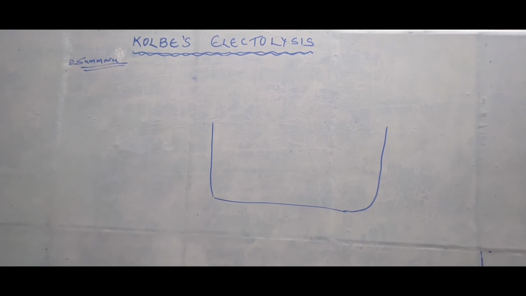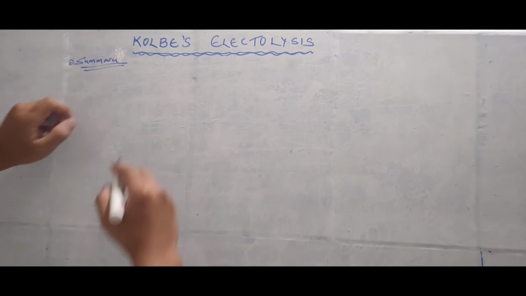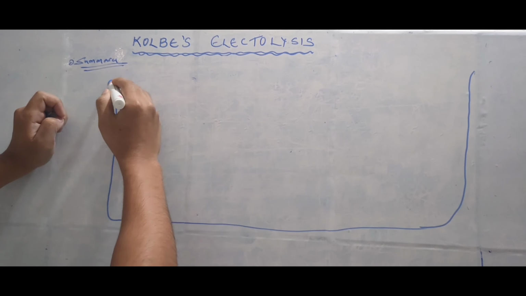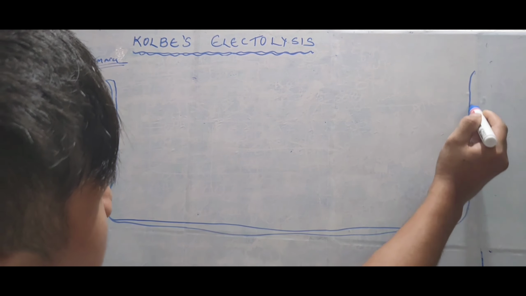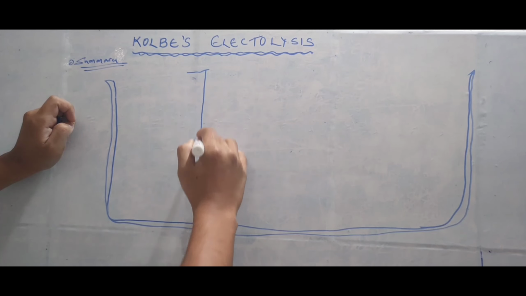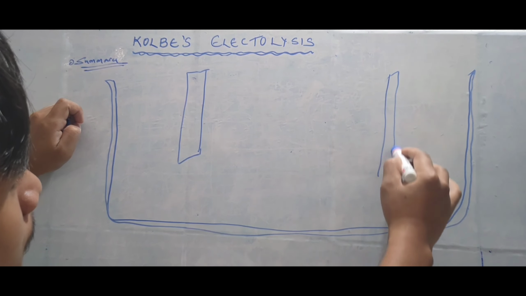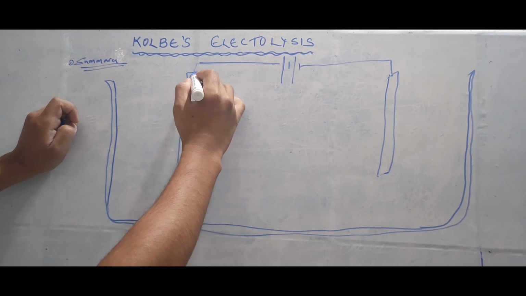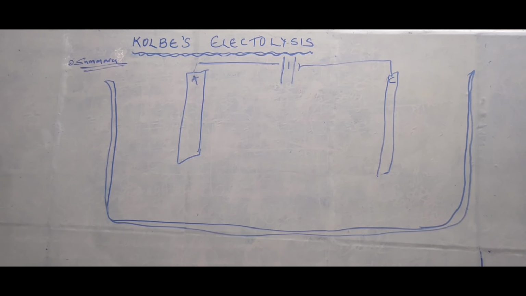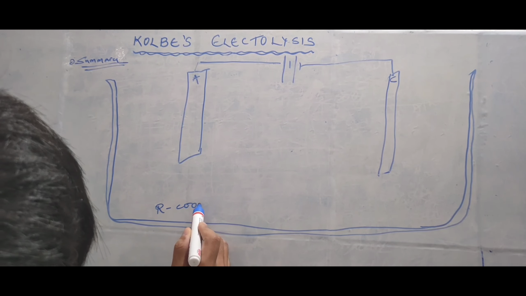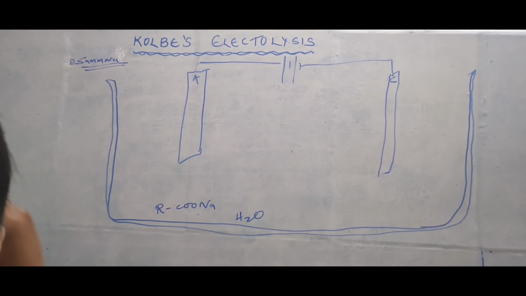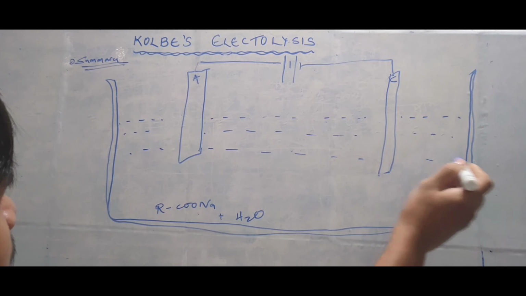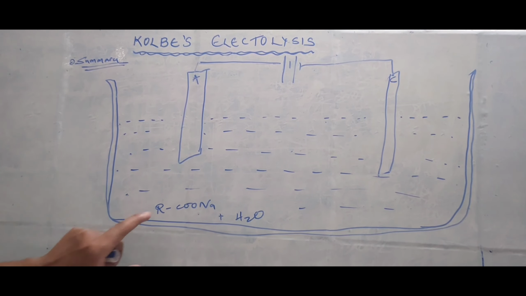First of all, let us take a big beaker. After taking the beaker, we put the electrolyte and electrodes in it. We prepare the setup and provide DC current to it. You cannot take AC current. So we take DC current and put in the electrolyte RCOONa, and as I said, H2O is also present, that is, it is dilute.